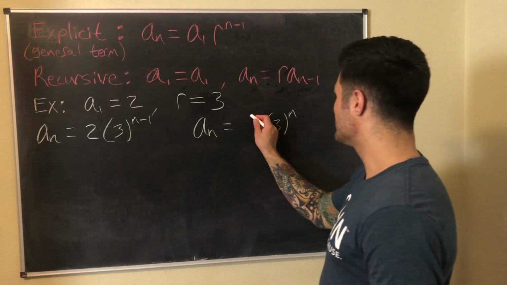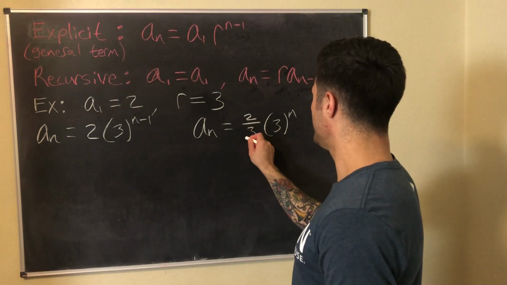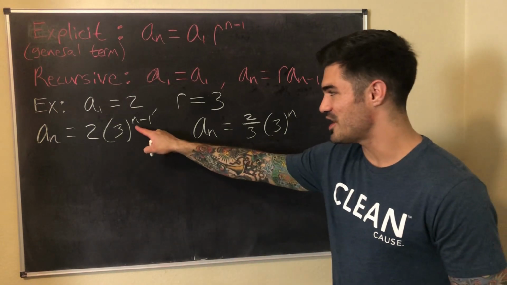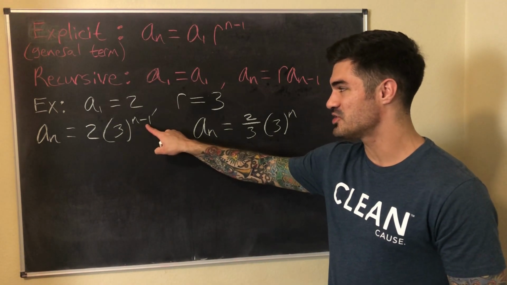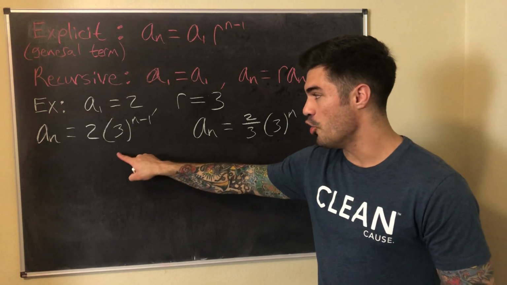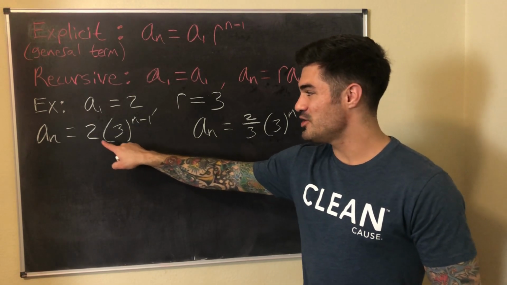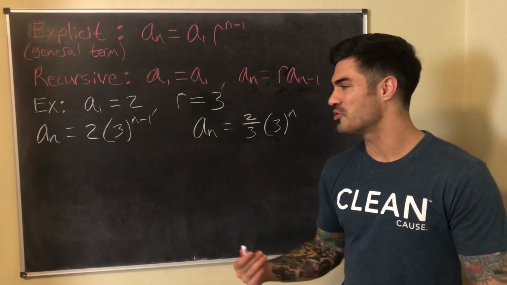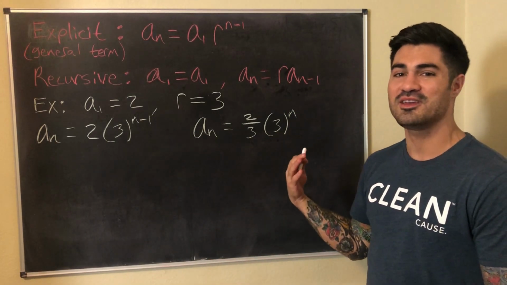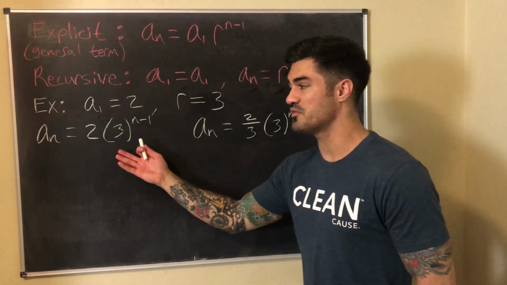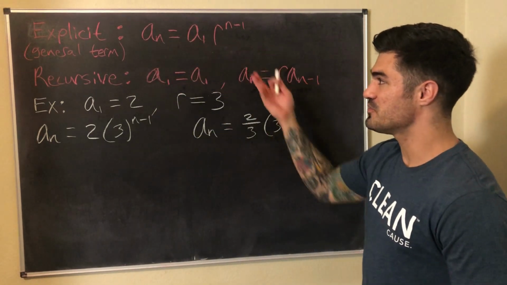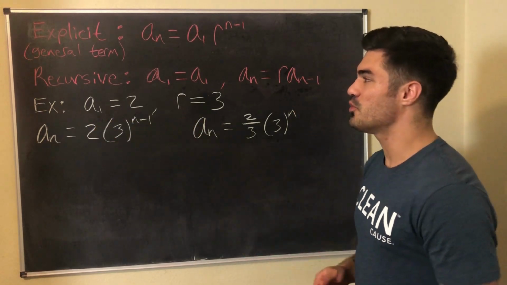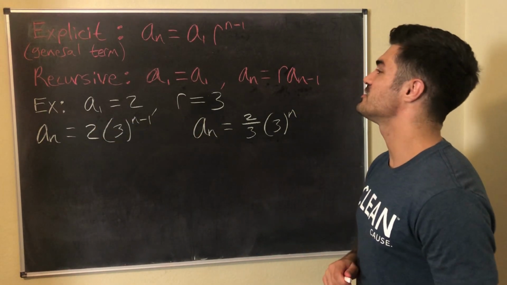And it turns out that that is 2/3. And although these may look different, if you use your exponent rules and you rewrite this 3 to the n minus 1 as 3 to the n over 3 to the 1, then you have 2/3 times 3 to the n. These are actually the same thing. It's pretty cool, right? So this is a little bit more intuitive, I think. It's a little more fun. But you can just use the formula, and you can find an explicit formula given a first term and a common ratio that way as well. Either way works. I thought it was cool to show both methods.